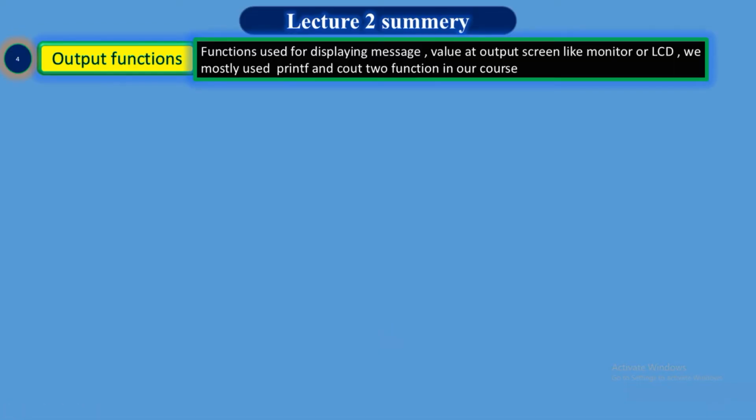Then we learn in chapter 2 output functions. These are functions used for displaying messages, variable values or other expressions at output devices like monitor or LCD. Mostly used output functions are printf and cout that we use in our course.